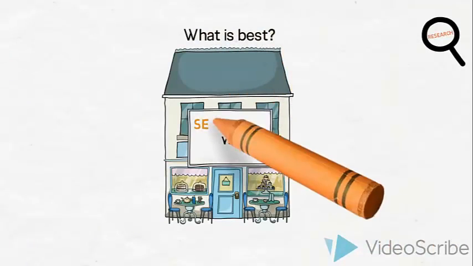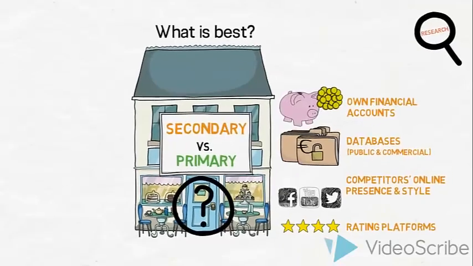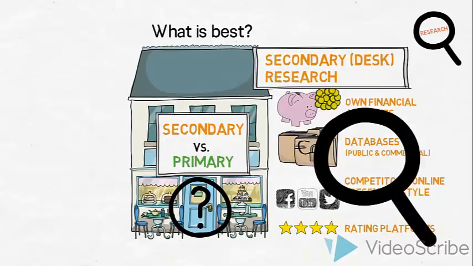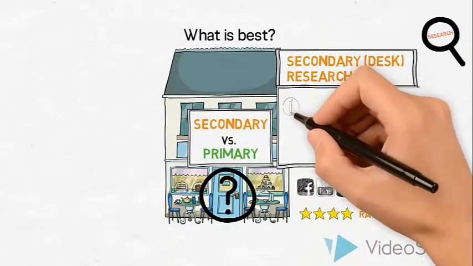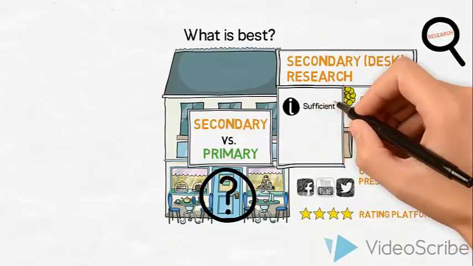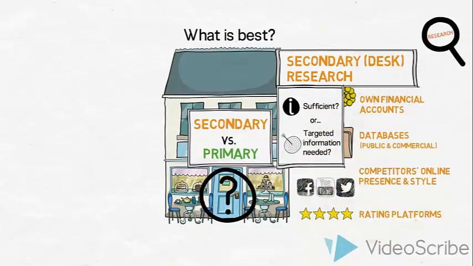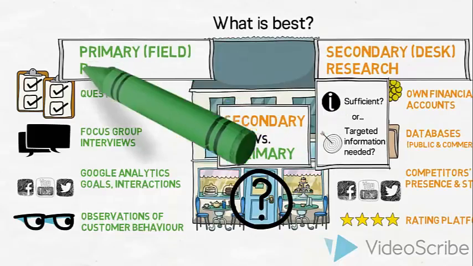So what is best? Secondary or primary research? In our example, the French Cafe would have to decide whether or not the secondary information they could gather would be sufficient to make decisions upon, or whether they are in need of more targeted information. A need for targeted information would create the need for conducting primary research.